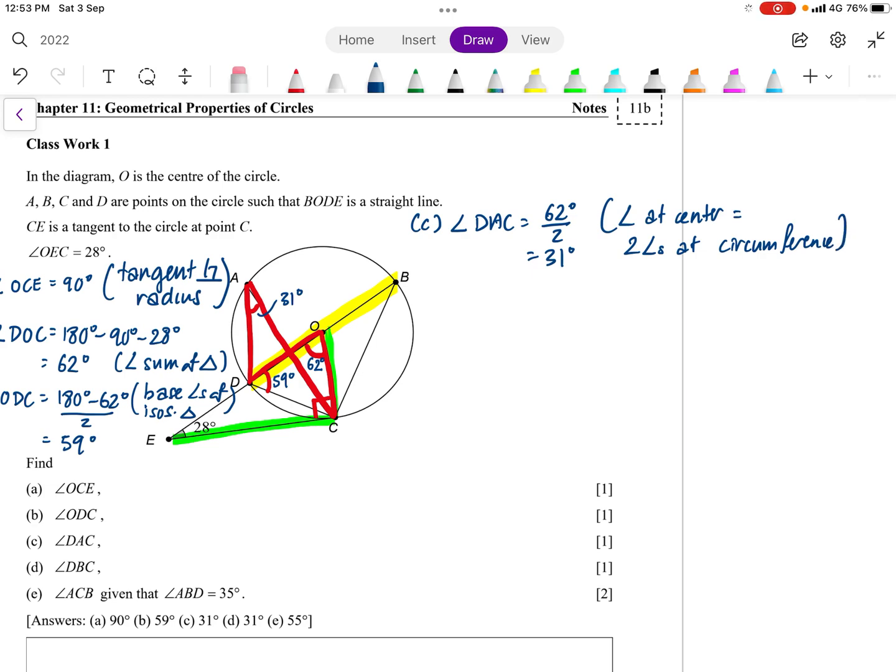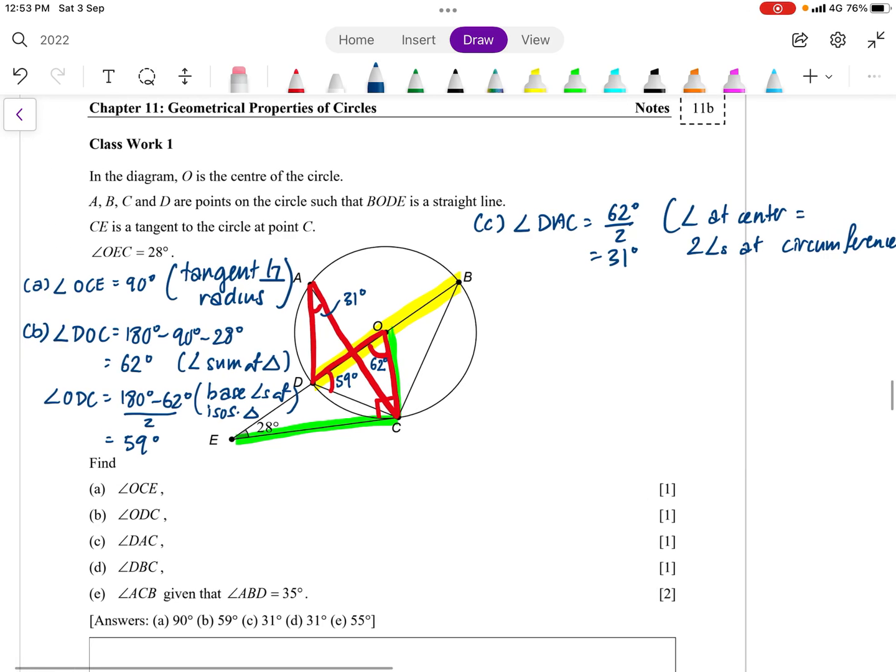Okay. So I updated on the diagram 31 degrees. Next question, DBC. They want this angle over here. Oh, okay. This may not be obvious, but there are two ways to do this.